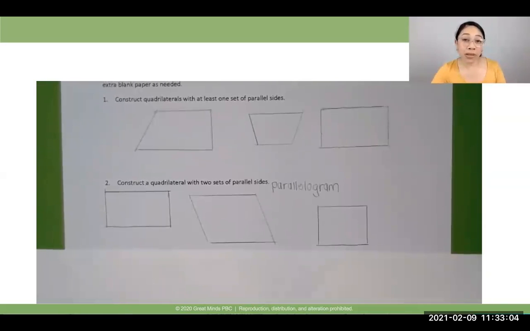Remember, that's perfectly fine if they look the same as the ones from problem 1. A trapezoid must have at least one set of parallel sides. A parallelogram is a special trapezoid. It has 2 sets of parallel sides.